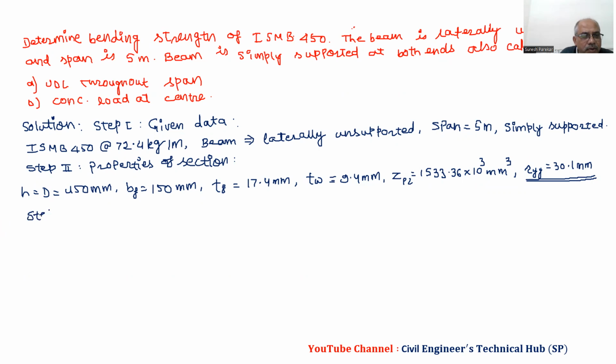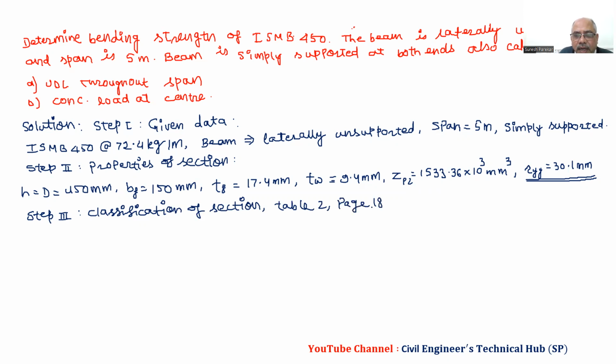Then we have step 3, classification of section, and for that classification, again we have table 2, page 18. Here we have B by TF.